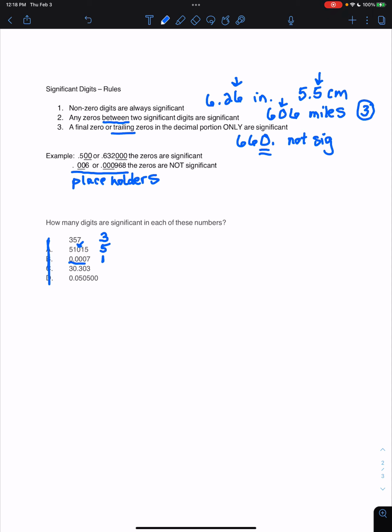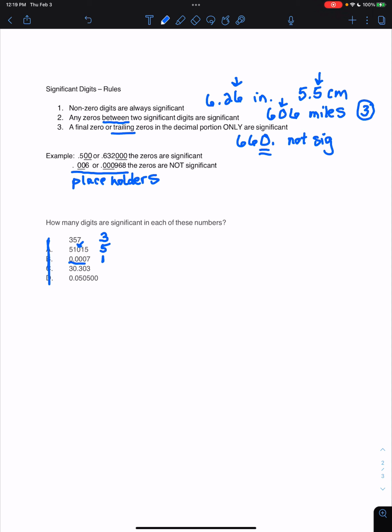Let's talk about this next one, 30.303. This is a tricky one, but I think you can get it. First of all, we have 3 non-zero digits. All the 3s are significant because they are not zeros. So we have to think about these zeros.